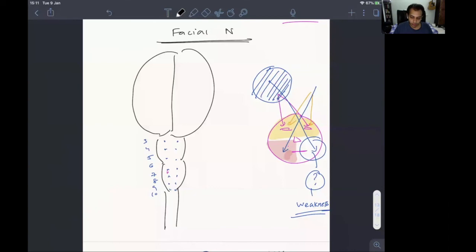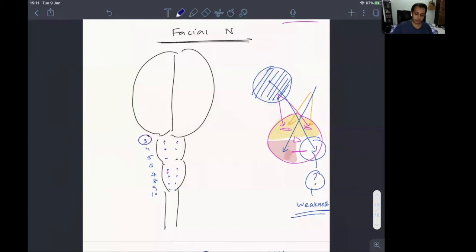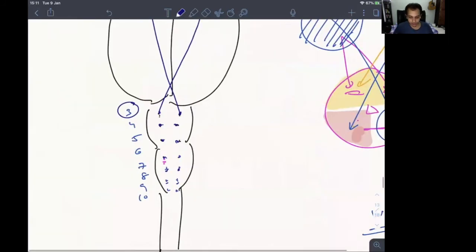In all your other nerves, you have the command coming in. So if you take your right oculomotor, you have the command coming in from your left half of the brain, but there is also a sort of supply coming in from the other side as well. Okay, and similarly to all the other nerves, there are only a couple of exceptions.